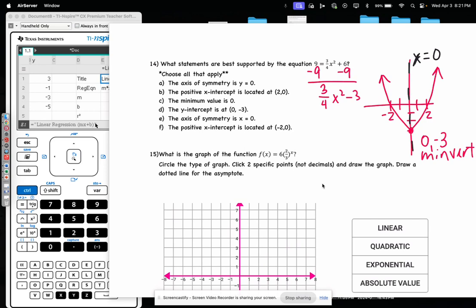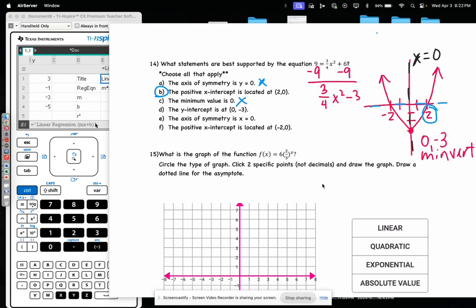So if we're looking at our answer choices, the axis of symmetry is y equals 0. No. Okay, that's going to be your asymptote, right? So y equals 0 is going to be this line here. So we don't want that. The positive x-intercept is 2, 0. That is a true statement. The minimum value is 0. That is not true.